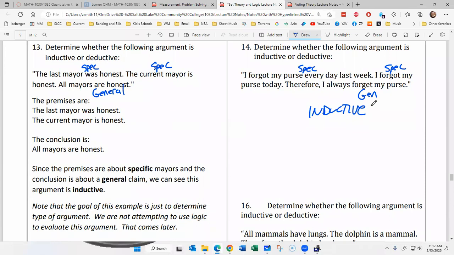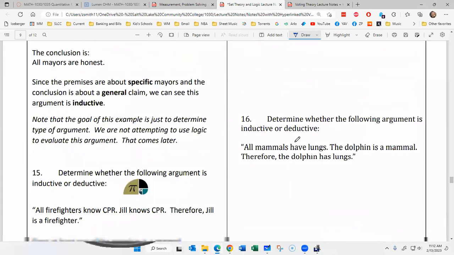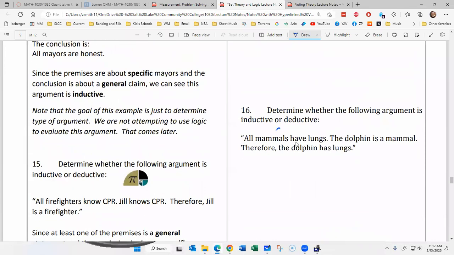So you really want to look for where the general statement is. All mammals have lungs, general. The dolphin is a mammal, specific. Therefore, the dolphin has lungs, specific. So there might be a specific in both the premises and the conclusion.